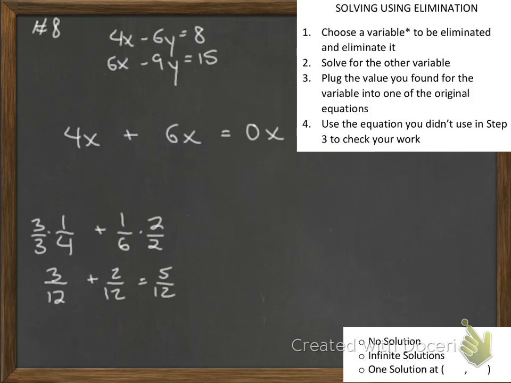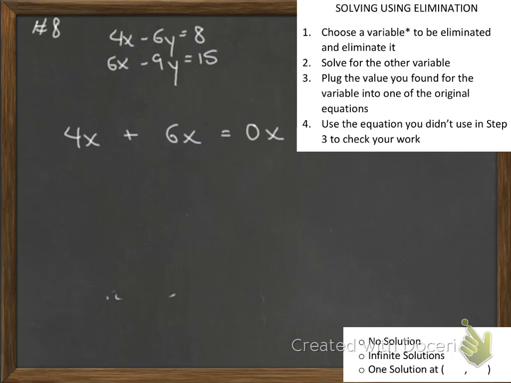Now, some students really struggle with finding the LCD, the smallest number that's divisible by both things. So a shortcut is to literally just swap the numbers. In other words, the 4 is missing a 6, and the 6 is missing a 4. So 6 times 4 is 24x. 4 times 6 is 24x.